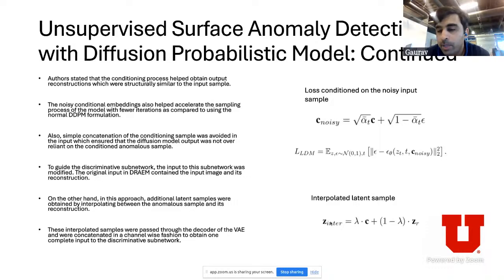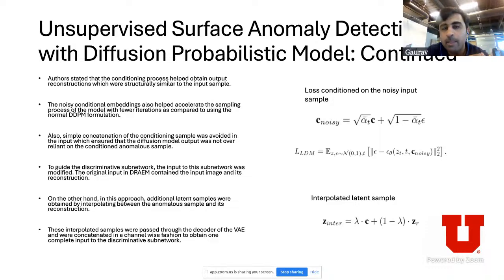In this particular case, as I saw in the diagram, Z_inter is being used to feed the discriminative subnetwork. So Z_inter is just an input for the discriminative subnetwork. The point being made was that to guide the discriminative subnetwork, its input was modified. As we discussed once, in DRAEM the discriminative subnetwork had an input image and its reconstruction as input.